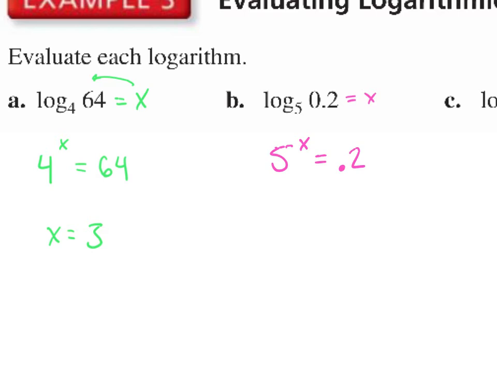How do we change 0.2 to a fraction? Awesome. It would be 2 over 10, which simplifies to 1 over 5. Perfect. So 5 to the power of x is equal to 1 over 5. Now maybe we can see it a little bit clearer. 5 to what power gives us 1 over 5? -1. Perfect. Because when our exponent's negative, we flip it.